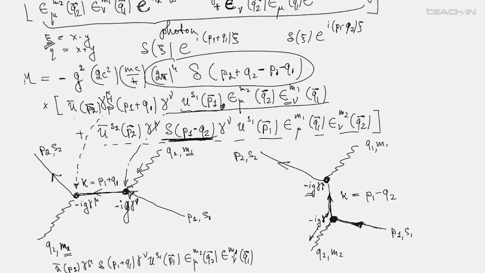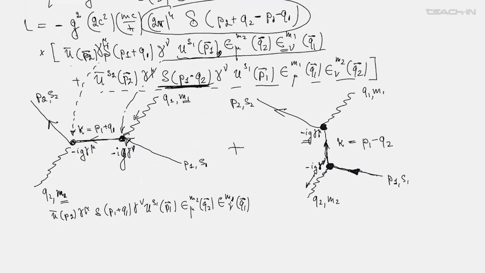And so the scattering process is a sum of these two diagrams. The second diagram here we put in correspondence with, maybe I write below this diagram, U bar S2 on P2, gamma mu S on P1 minus Q2, gamma nu U S1 on P1, and then again photon polarizations.